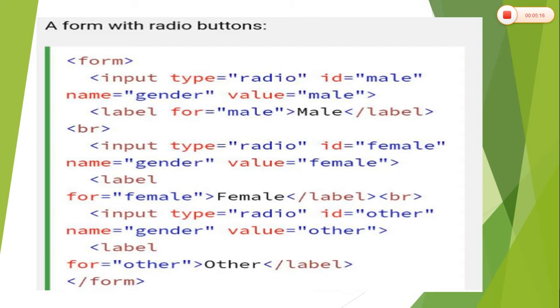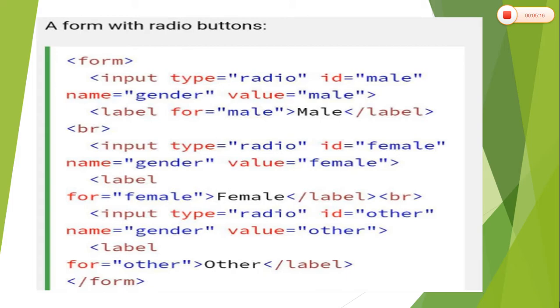If one button is selected, the others also get selected, because they don't come under the button group. That's why we enter name equal to gender. It is common for all the radio buttons, then only single selection is possible in a single form. For another form, we require another name.